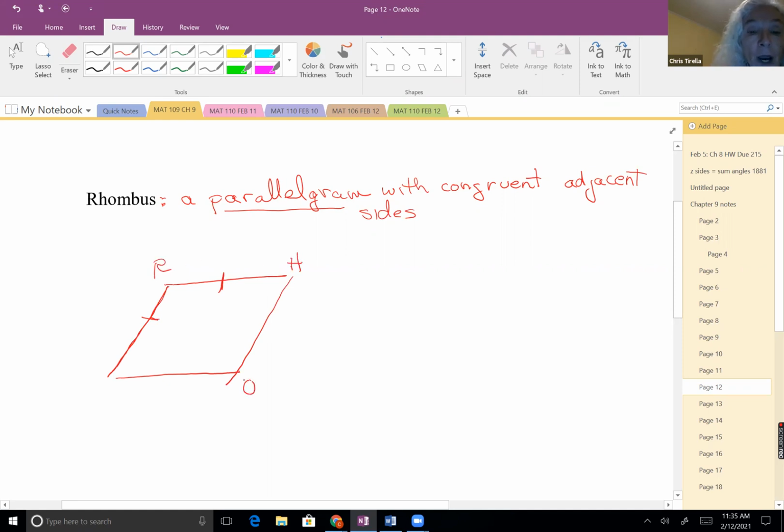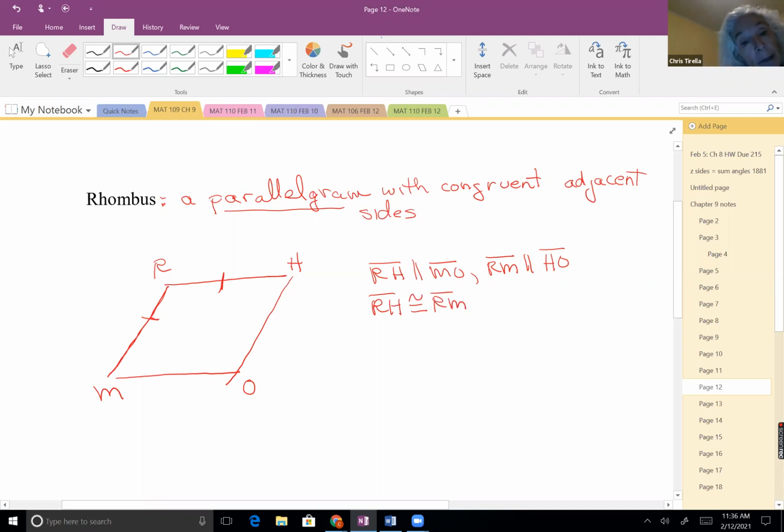I'm going to call this RHOM. Because it's a parallelogram, I know that RH is parallel to MO. I know that RM is parallel to HO. By definition, I know that RH is congruent to RM.